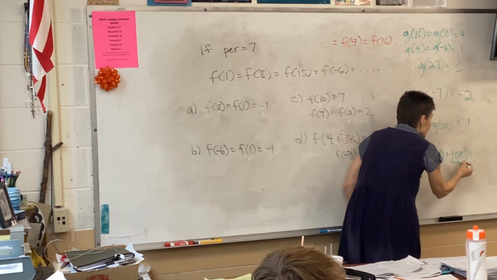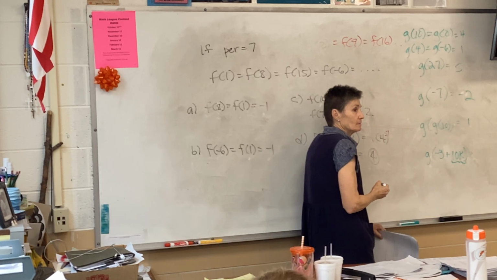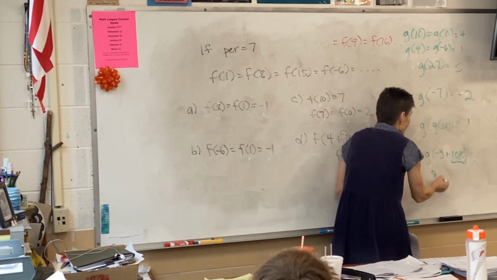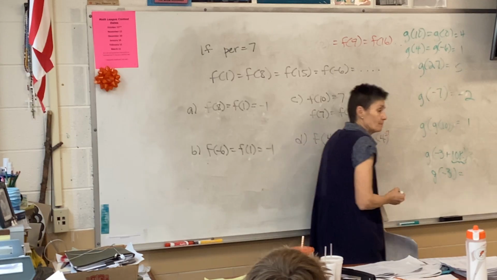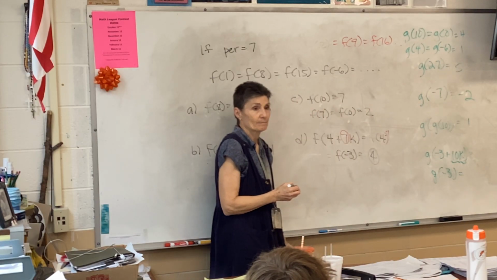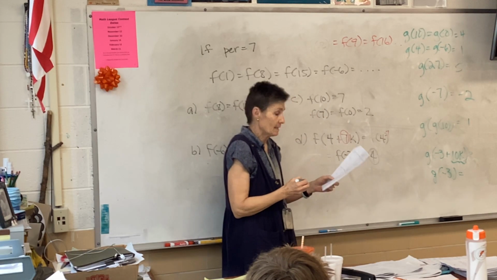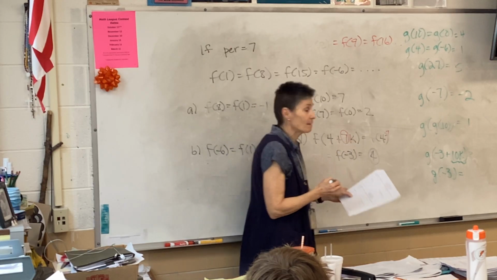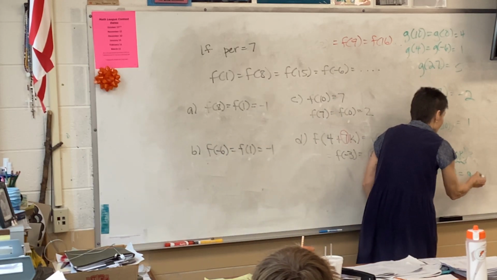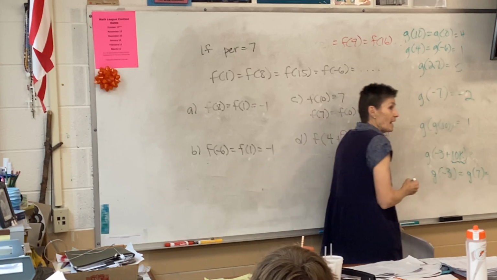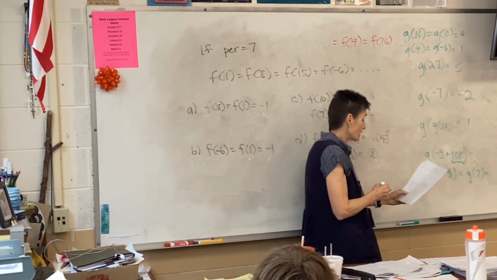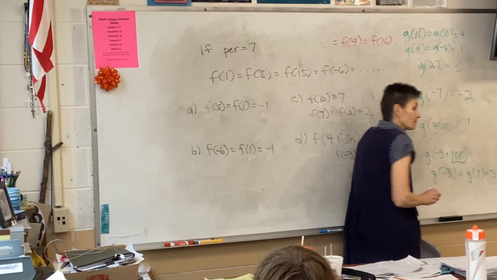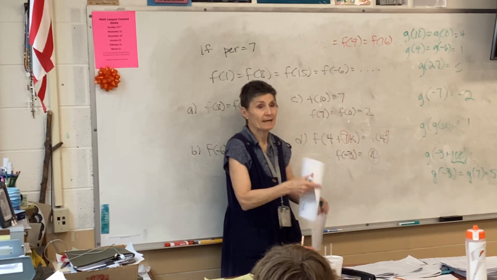The period is 10. So this is the same as G of -3. Right? And they didn't give me that, but they gave me 7. Won't that be the same as G of 7, adding 10? And G of 7 is 5. All right, you feel like you got a grip on that?